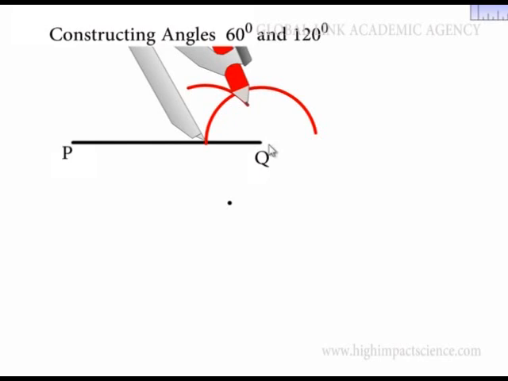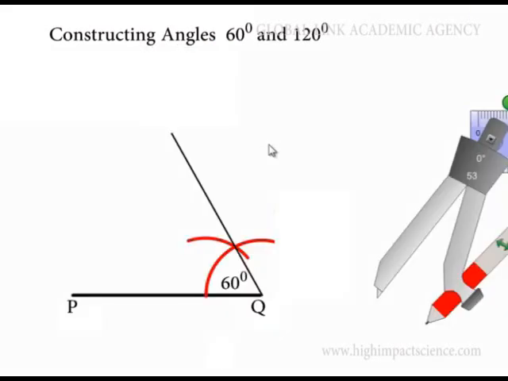And if I join point Q to the point of intersection, this angle is 60 degrees.